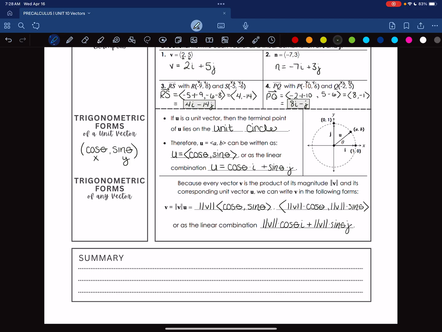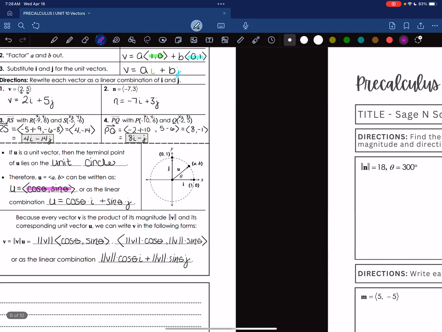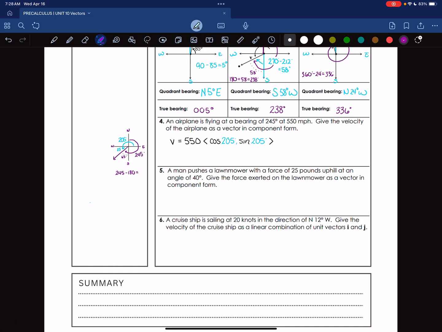Trig forms of any vector are just the product of their magnitude and the unit vector u. And the unit vector u is just your cosine theta, sine theta. So that's what we're seeing here. We're writing it in component form by taking the product of its magnitude, which is its miles per hour, and the cosine and sine trig functions.